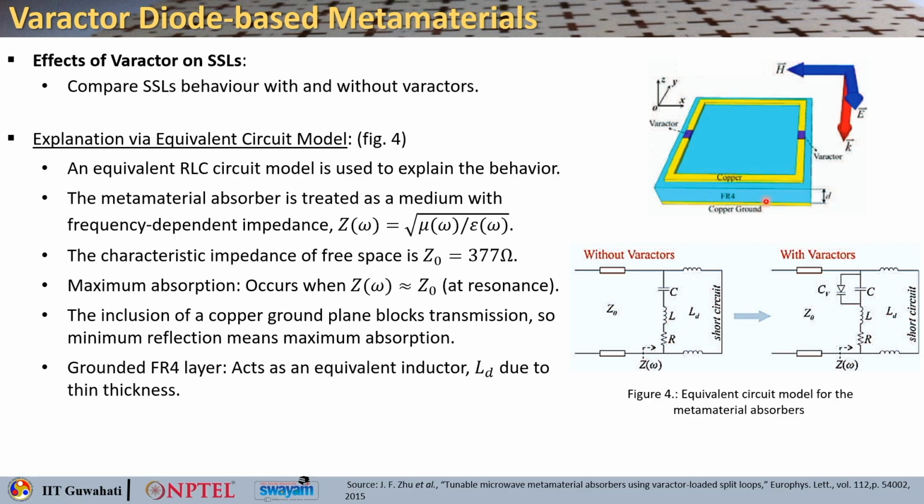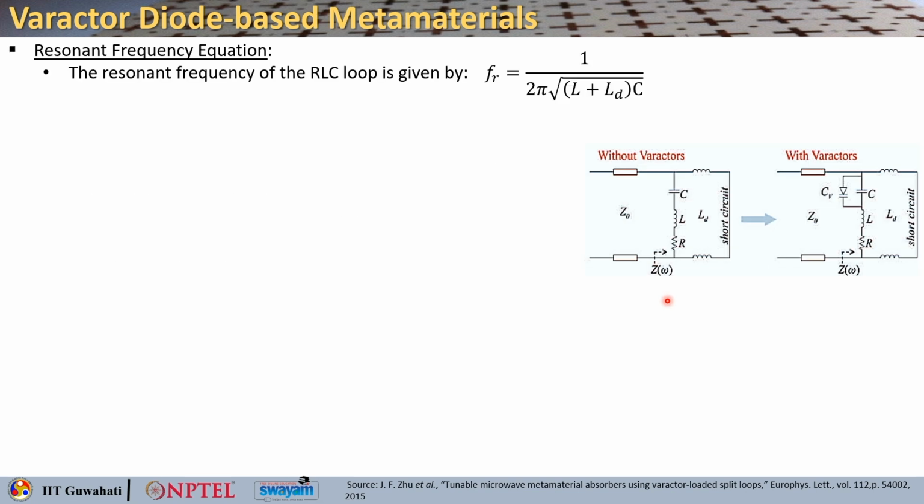You also have a grounded FR4 layer which acts as an equivalent inductor, and you can model it as LD due to the thin thickness. So this is how the loop is modeled. You have the inductance, you have the resistance, and the gaps are modeled as capacitors.